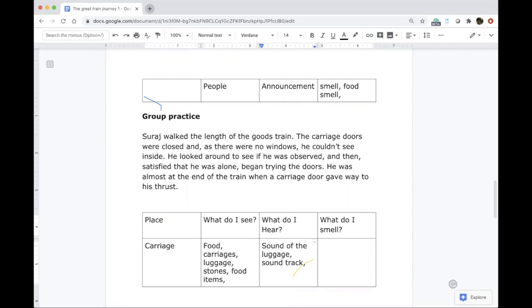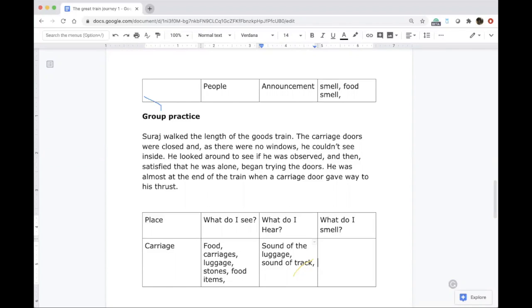Okay, we already got that example. Do you have a different one? No. Okay, Yogita, you have an example? Sir, Suraj is pulling the door with force. Yes, that sound, I think. Very good.